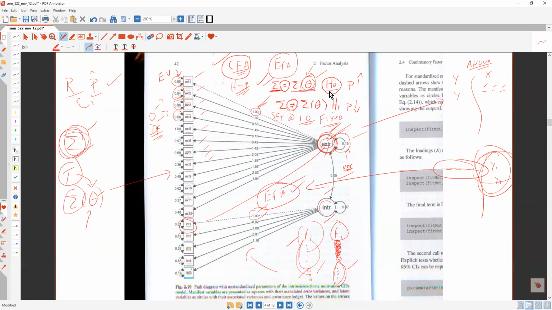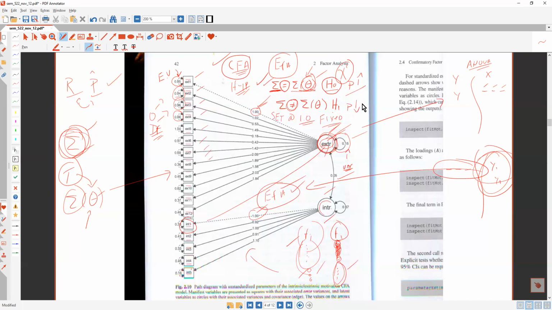So let's think of this. If it's the H0 that you're wanting to support, and we're going to run a chi-square test, a model fit, what do you want your p-value to be?